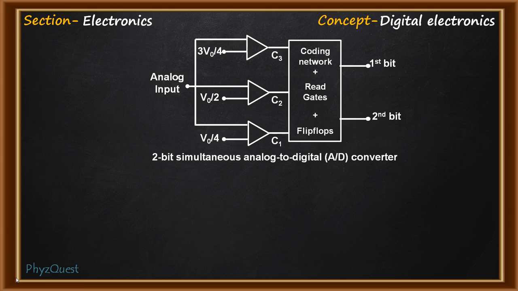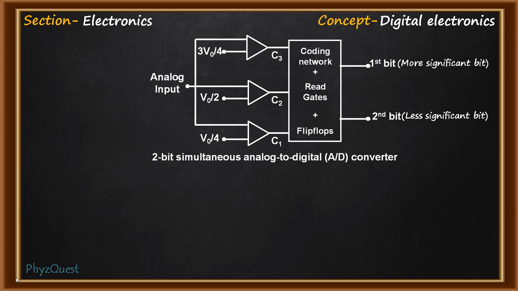So in this case we have a 2-bit analog to digital converter. That means the digital output will be in the form of 2 bits, as you can see in the circuit, where the first bit will be the most significant bit, and the second bit will be the least or the less significant bit.